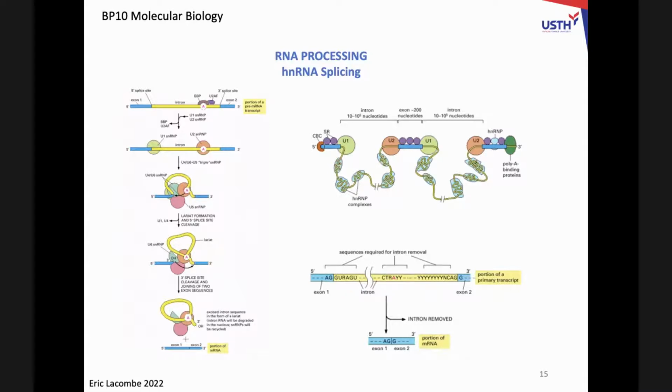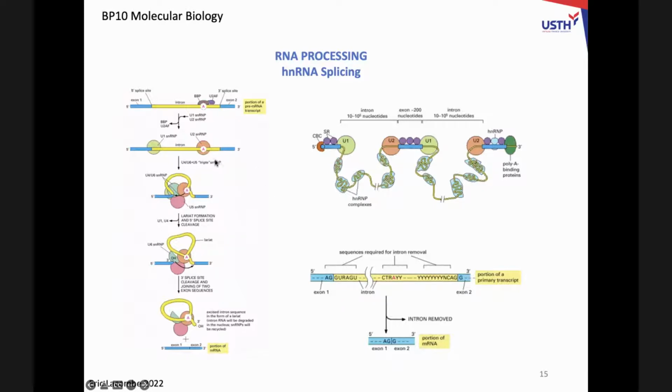Take real care about that, because it's not always the case. It's almost impossible to predict the site of splicing based only on sequence analysis. There are some algorithms that are quite efficient now, but it's very risky.